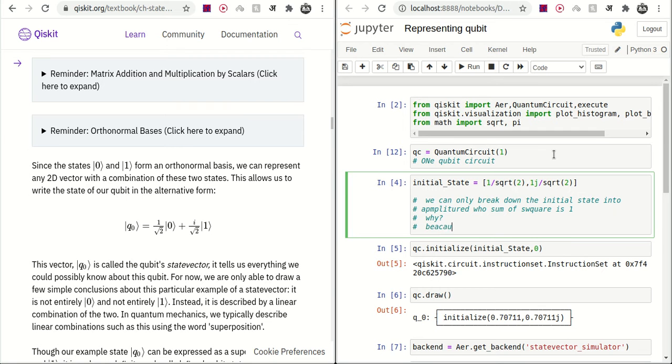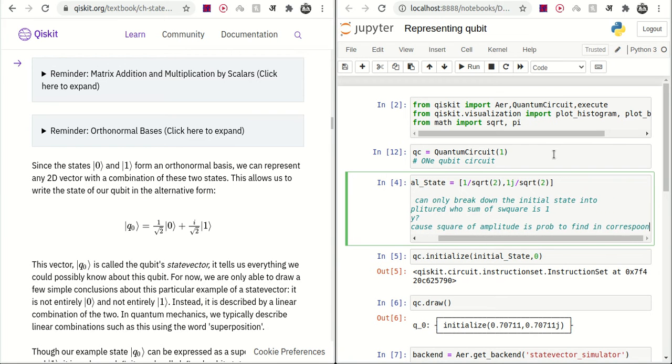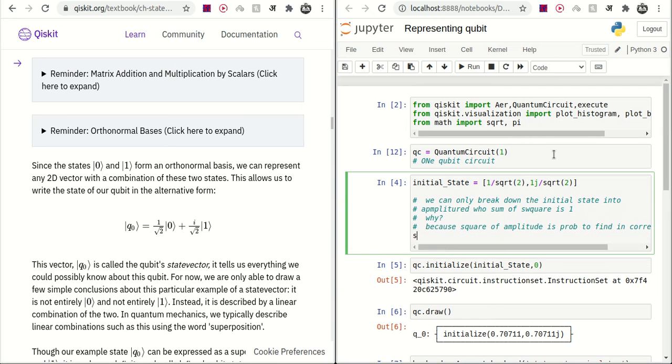Because I told you that the square of the amplitude is the probability to find it in the corresponding state.